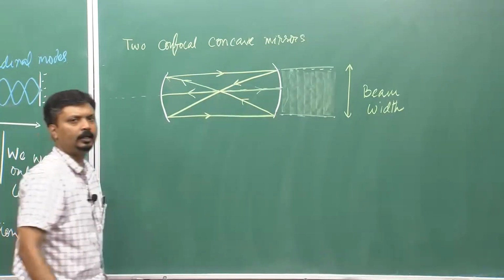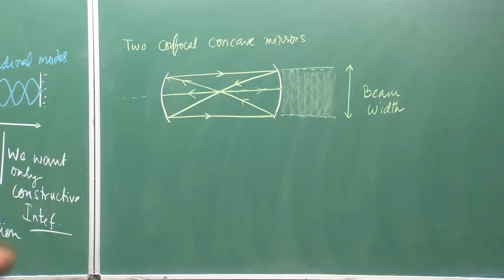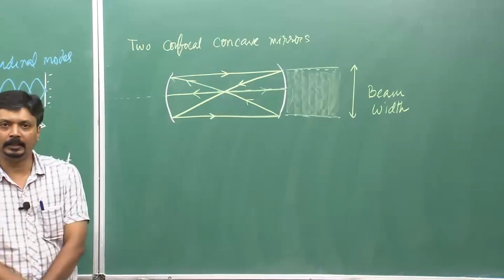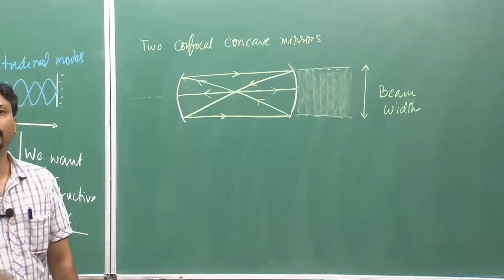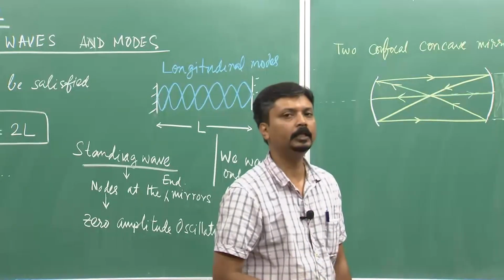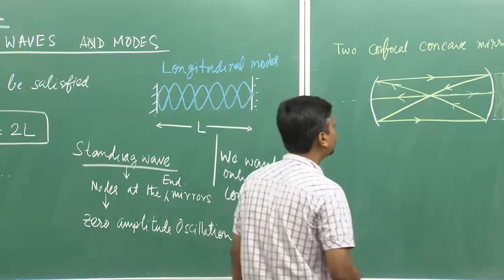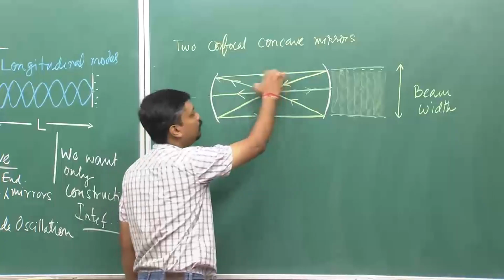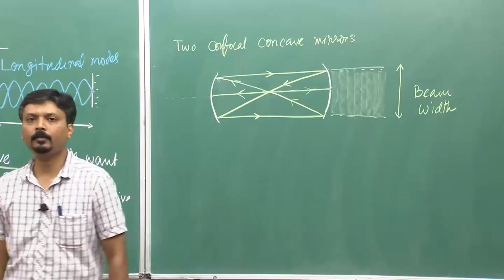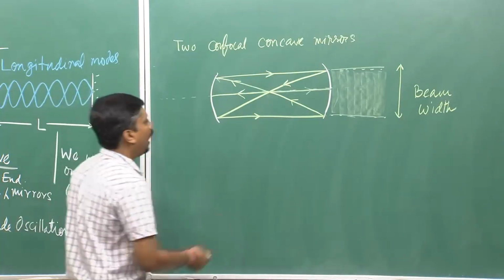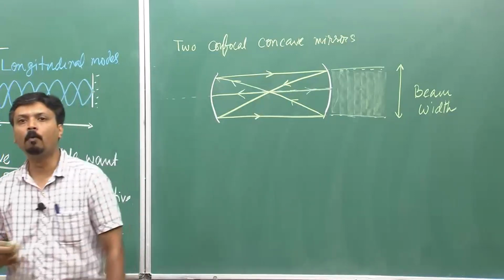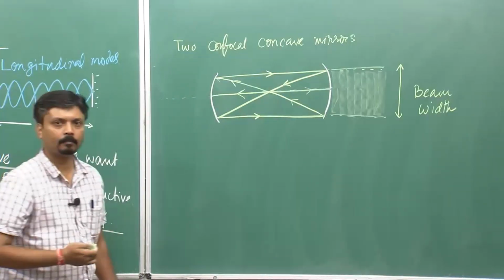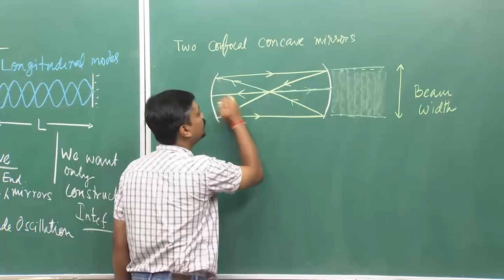So, in such kind of cavity with confocal concave mirrors, since we are collecting the off axis photon also, advantage is that the intensity of the laser output is much more compared to this system. Now, because of its design, I will get some modes in the perpendicular plane, perpendicular to this axis.